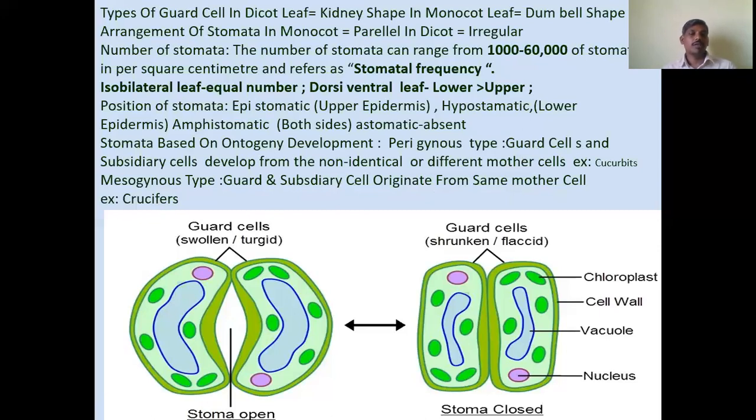Here, the two guard cells and a part of the subsidiary cells are derived from different mother cells, which is perigenous, but another group of subsidiary cells is derived from only one kind of mother cell, which is mesogenous. This mixed condition is seen in a few dicot plants.